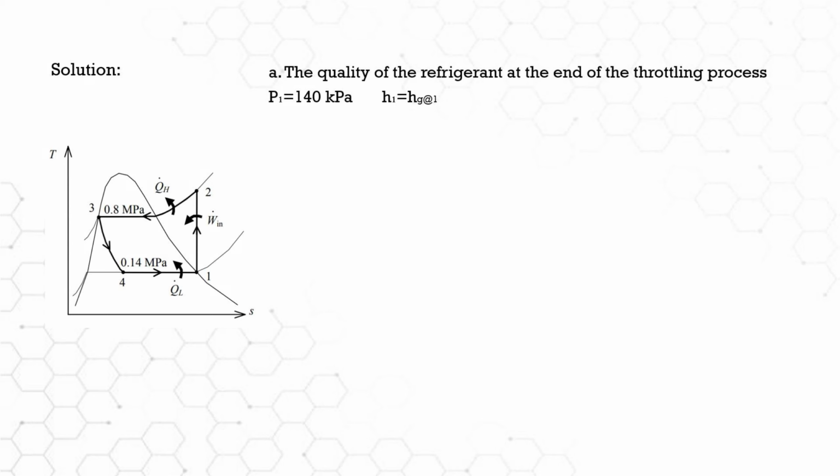which has a property of enthalpy at saturated vapor at 140 kilopascals equal to 239.16 kilojoules per kilogram, and the entropy at state 1, equal to the entropy at saturated vapor at 140 kilopascals, is 0.94456 kilojoules per kilogram Kelvin.